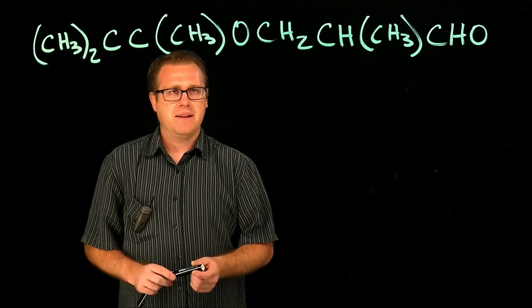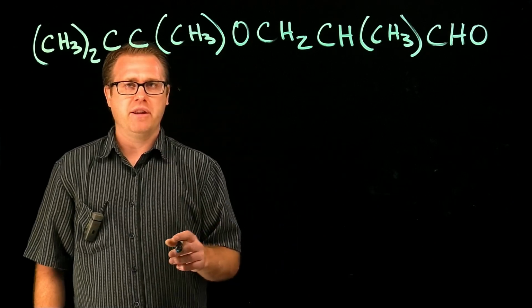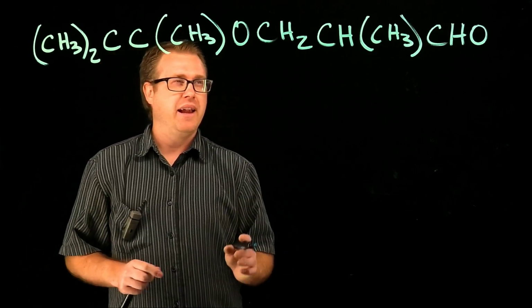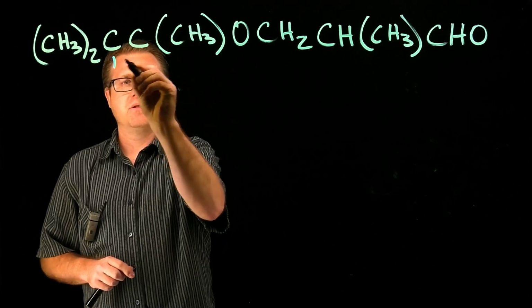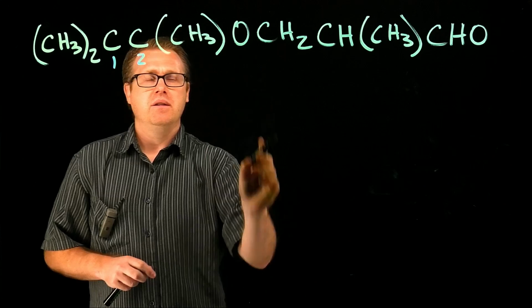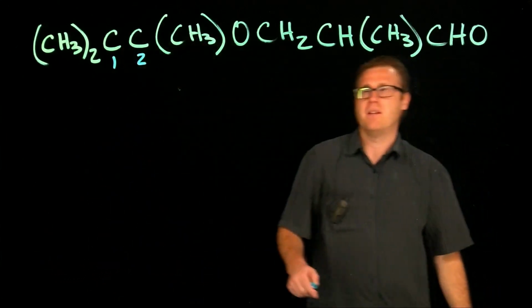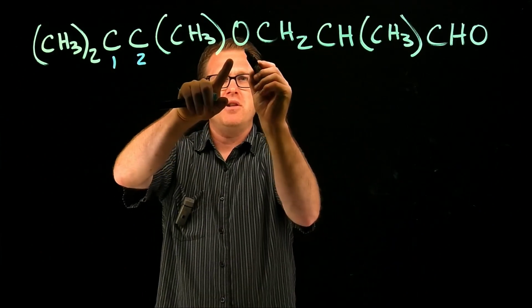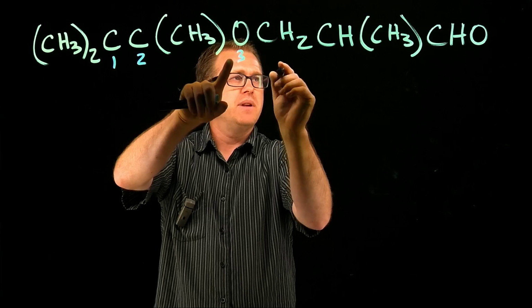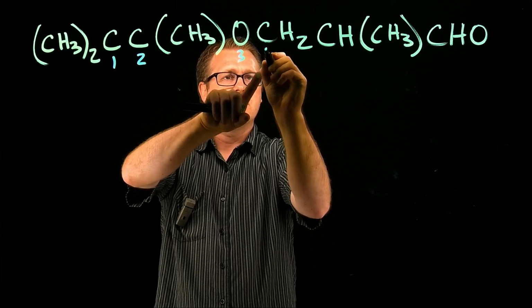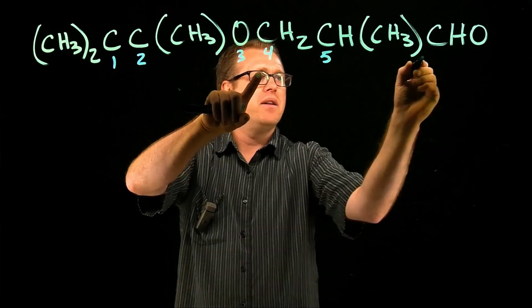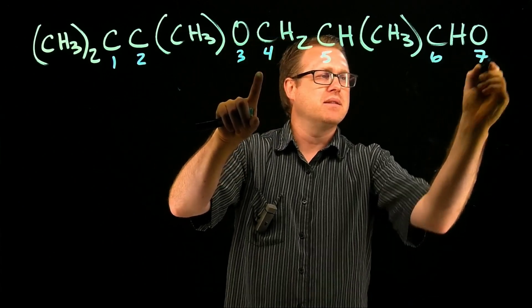The way I do this is I start numbering the carbons that are not in parentheses. So 1, 2, well, let's see here. Not only the carbons, but I'm also going to number this oxygen because it's not in a parenthesis. So 4, 5, 6, and 7.